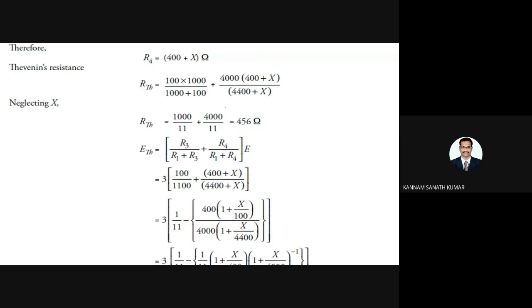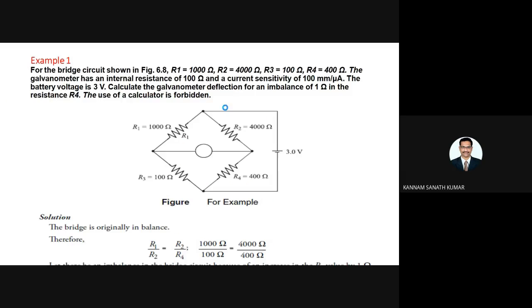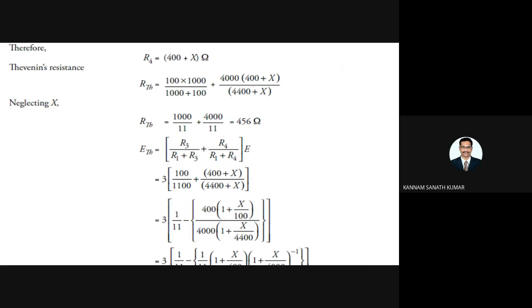And next, R2 R4, that is 4000 into 400 plus X, by 4000 plus 400 plus X, which is 4400 plus X. So you'll get RTH as 456 ohms.